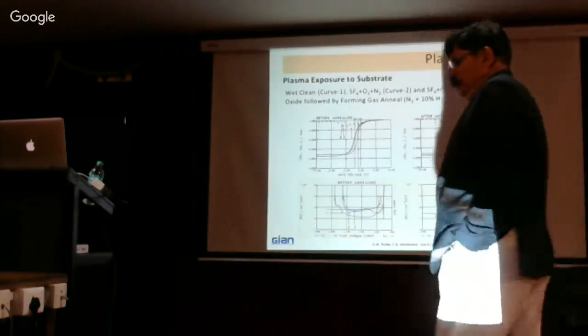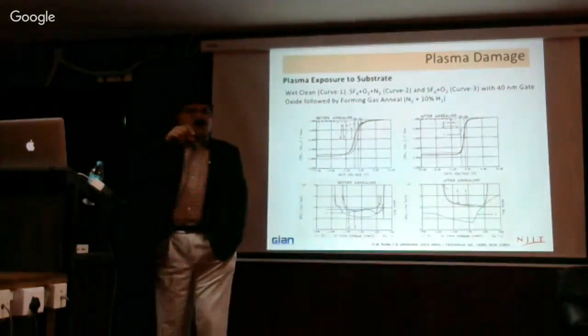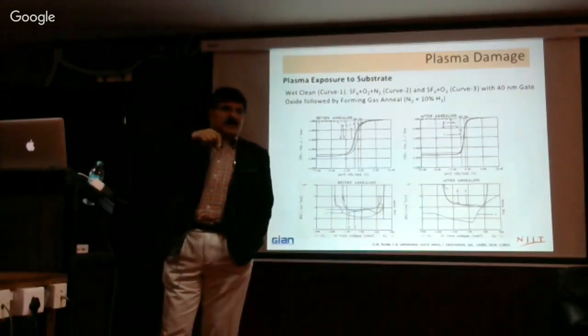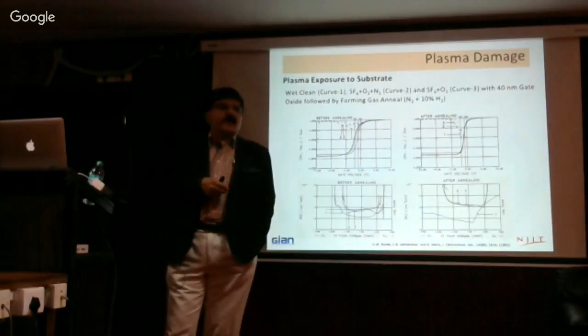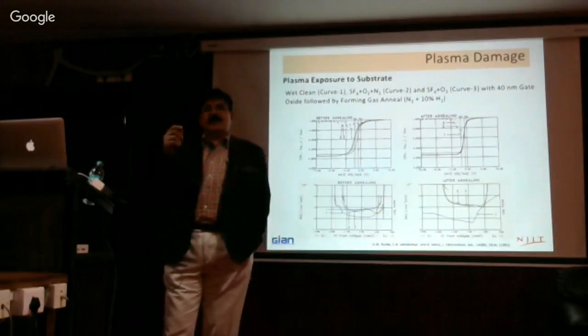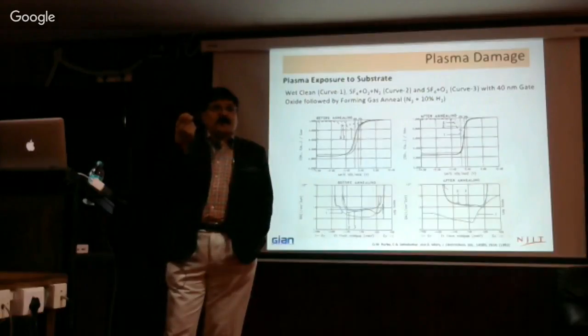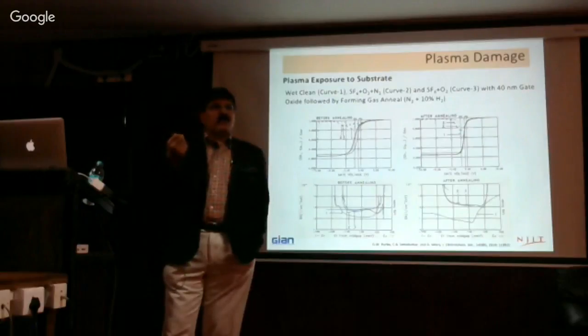Sometimes people just put the sample on a chuck by gravity, as the backside contact. That is also not very good, and it will create additional resistance there. The best thing is to use some silver paint and hold the sample on the chuck with vacuum, so you make a good contact with the substrate.